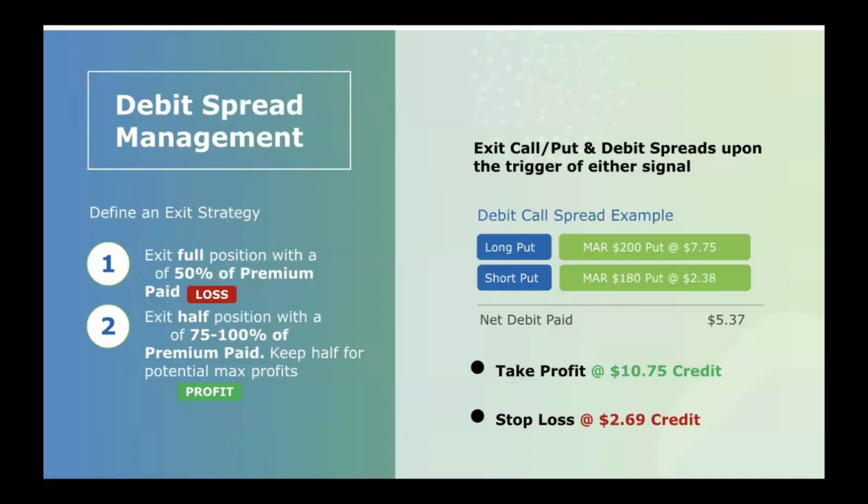All right, so if we're doing a spread, much like if we're doing an individual option contract, we want to have a plan and we want to work that plan. So if we buy a put outright, very rarely do people just buy a put option and say either the market goes down and I make money, or the market goes up and I lose everything that I paid for.